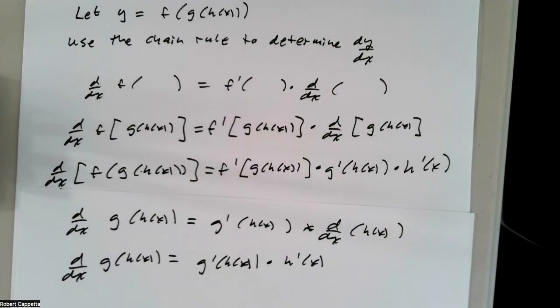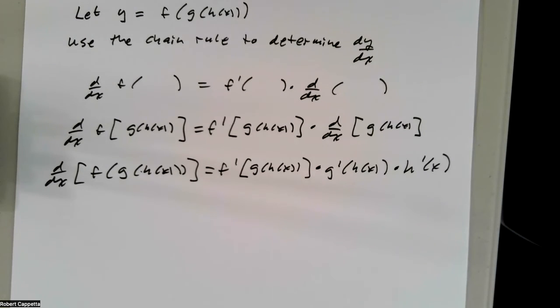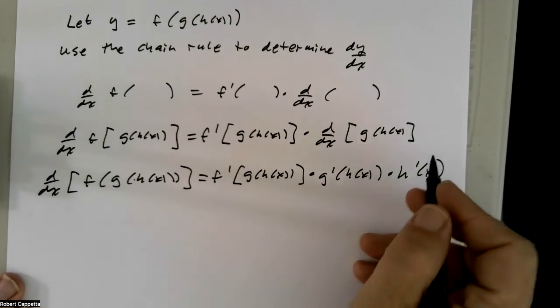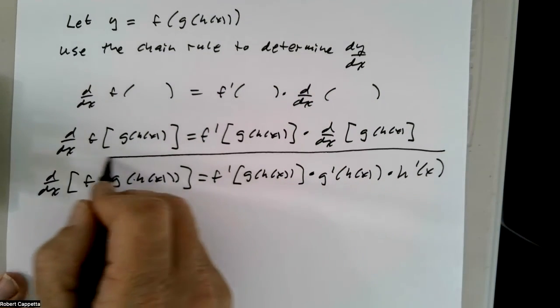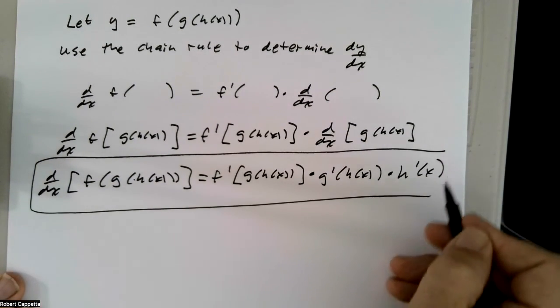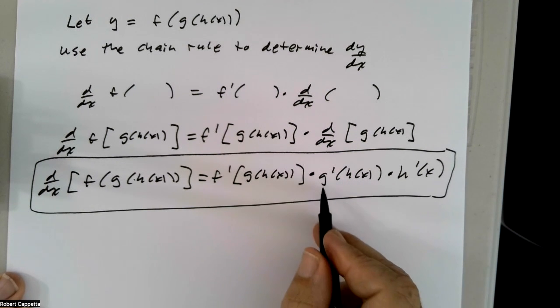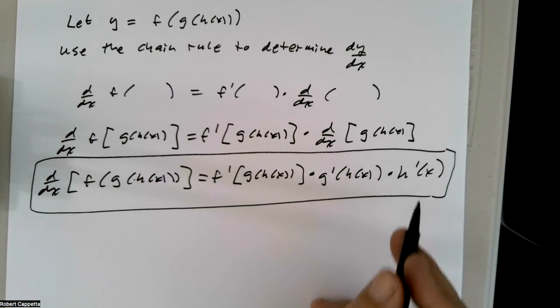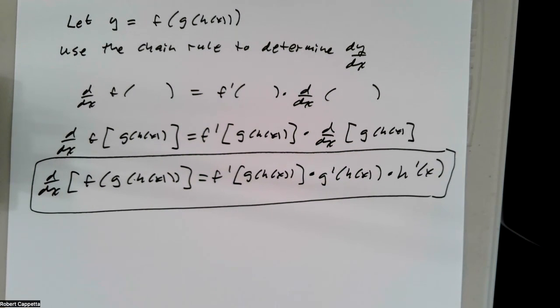So this would be an extended version, if you will, of our chain rule. So our conclusion again being the derivative of f of g of h of x is f prime of g of h of x times g prime of h of x times h prime of x.